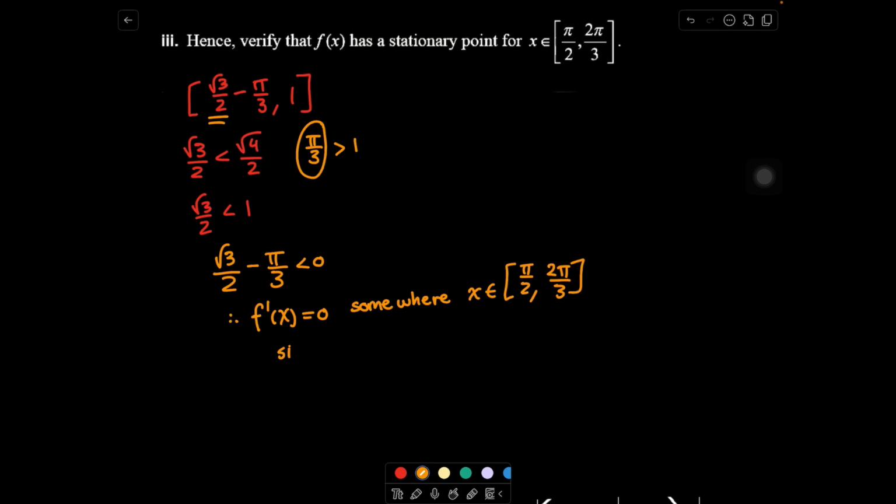And you say, since our gradient graph is continuous. Because remember, if it's not continuous, then it can cut off somewhere, or you might have a particular point that's not included, and you can't guarantee that 0 is going to come up in there.